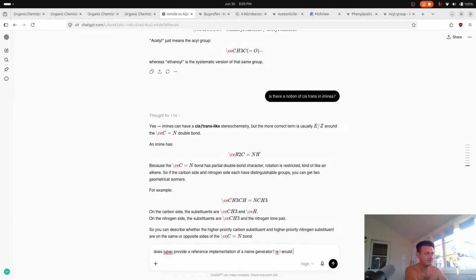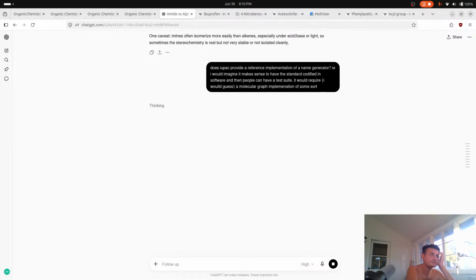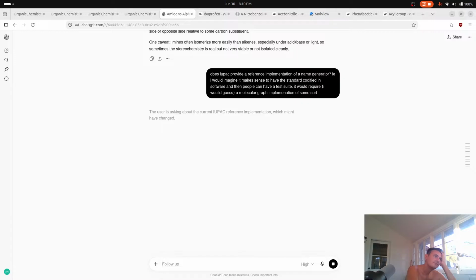I would imagine it makes sense to have the standard codified in software, and then people can use it.